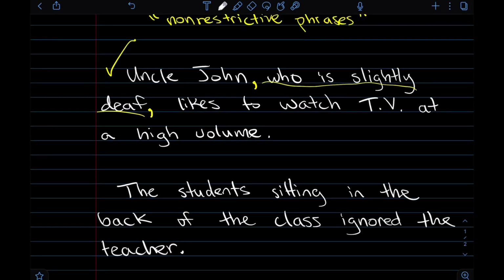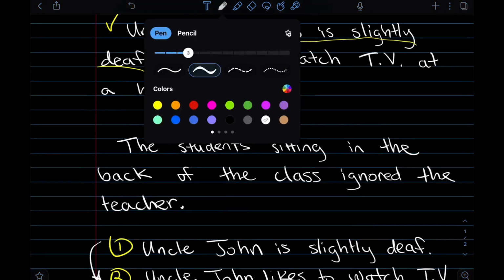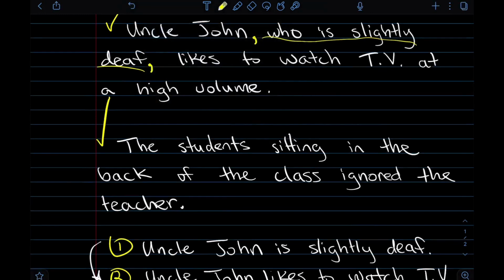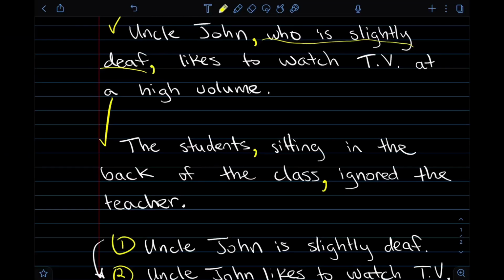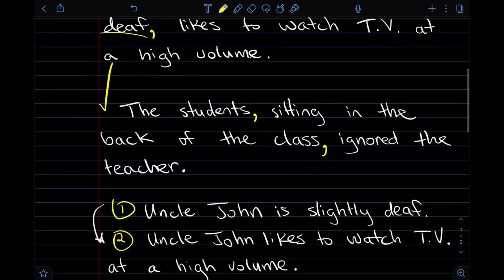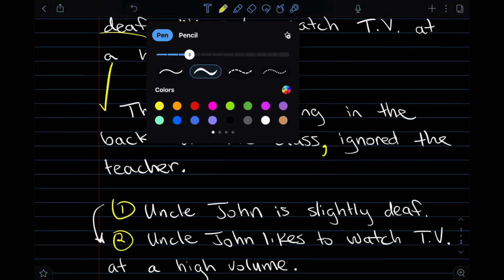Now contrast that with the second example down here. The student sitting in the back of the class. Now we said it would be a mistake to separate this phrase with two commas because it's actually a restrictive phrase. It serves to define or limit the students that we are talking about. And so we can't just mark it off with a set of commas here. If we did that, it suggests that we're writing a very different message.